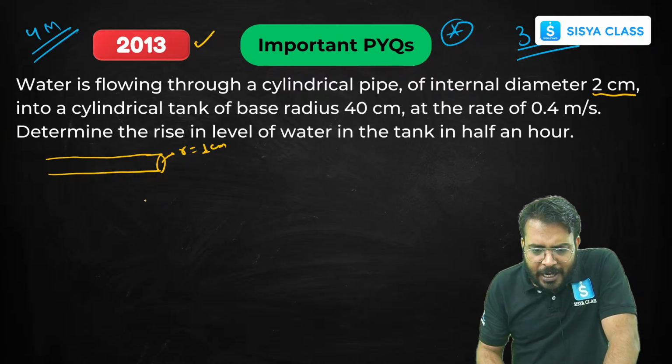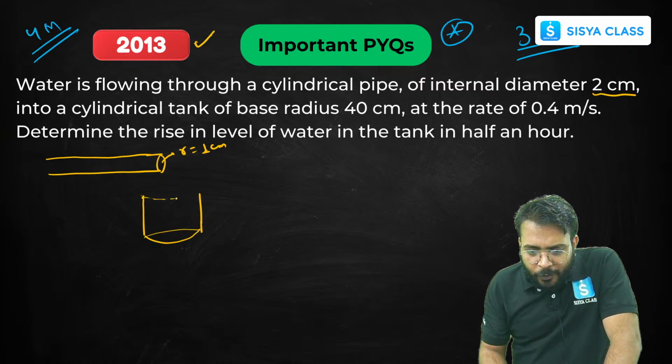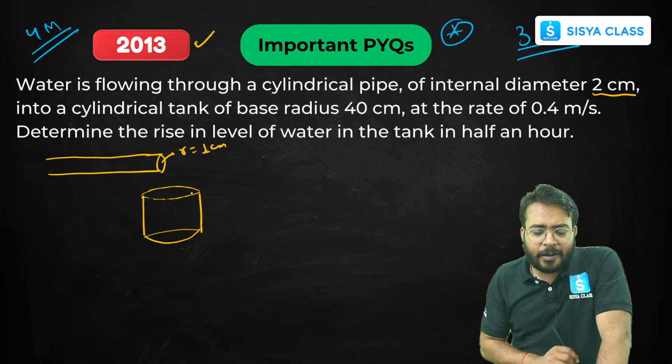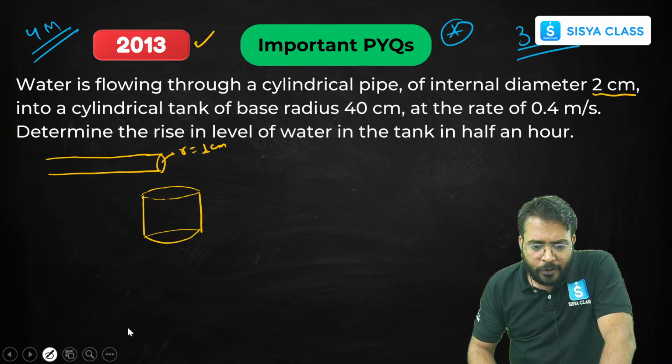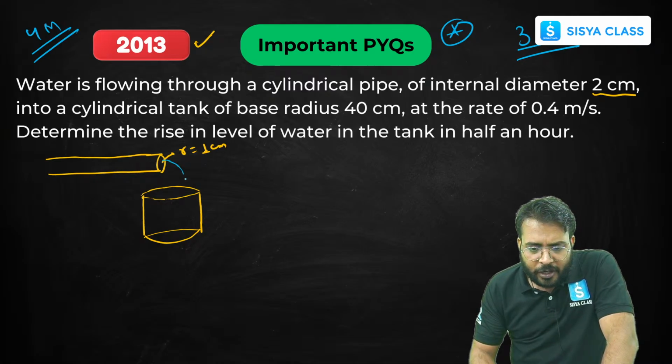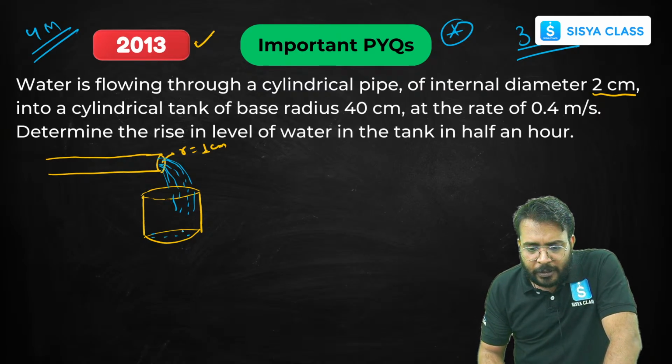So you are having a cylindrical tank below it, and from the pipe water is flowing in the tank. So definitely some water will be filled in the tank.